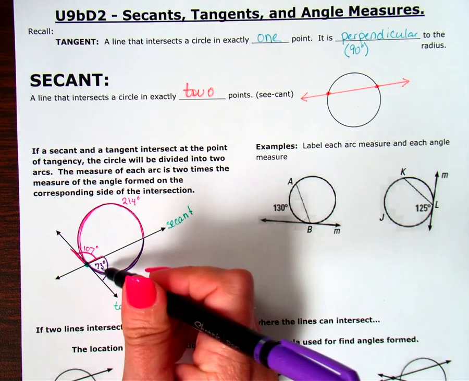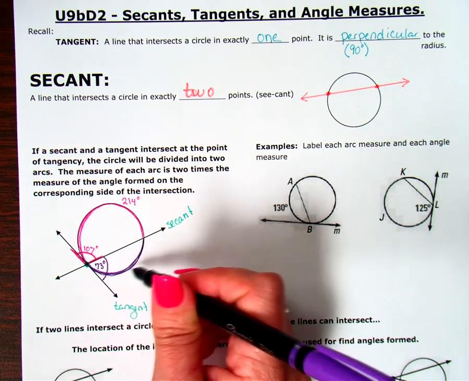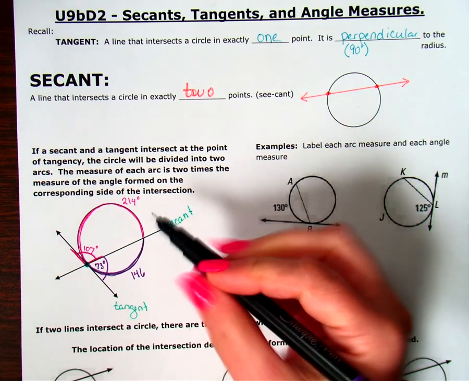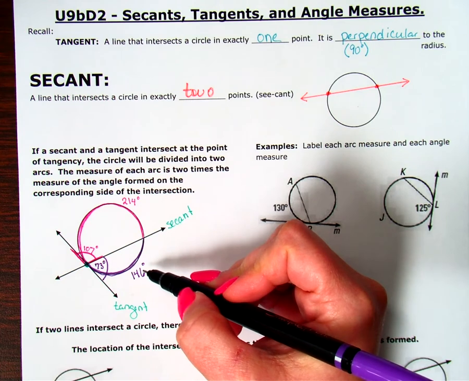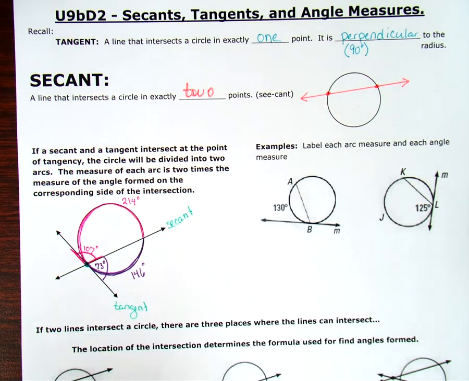Then I double this to get my arc measure, so that's going to be 146 degrees. When you put together your 214 and your 146, you're going to get to 360 degrees, the whole circle. Okay, so let's look at a couple of examples.